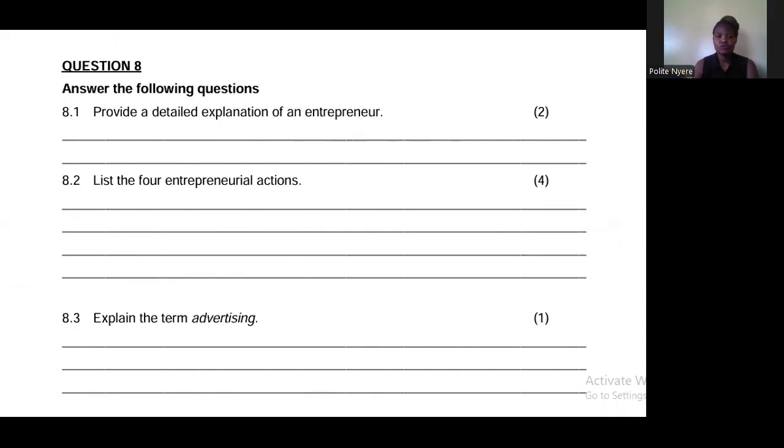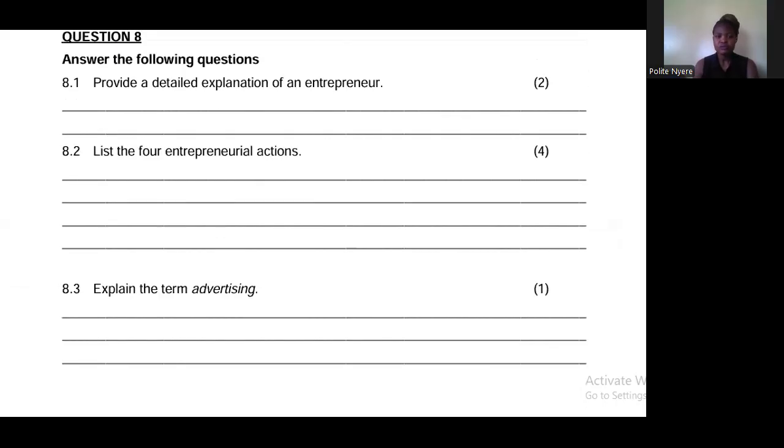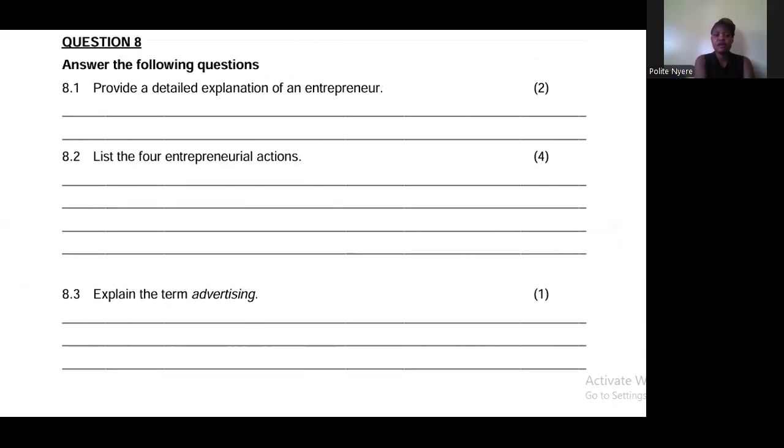Okay, let's move on to number 8. Number 8 is saying, provide a detailed explanation of an entrepreneur. Who is an entrepreneur? An entrepreneur is a person who takes the risk of investing in a business opportunity in order to make a profit.